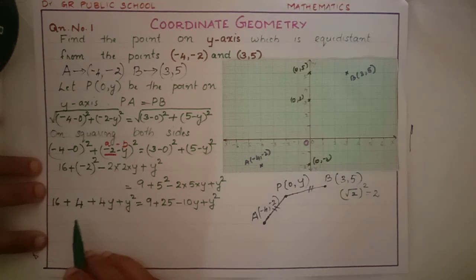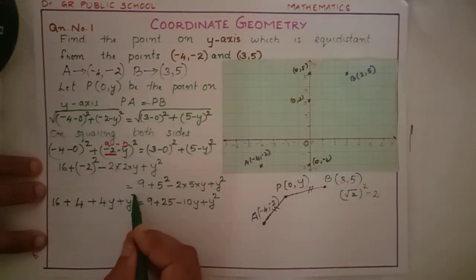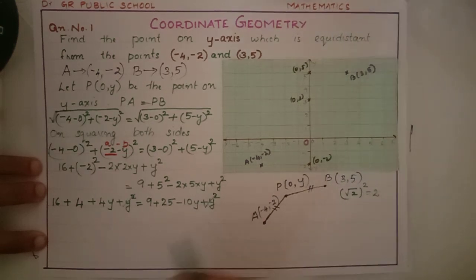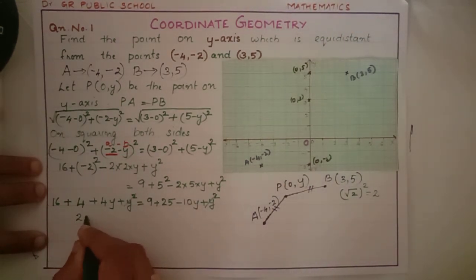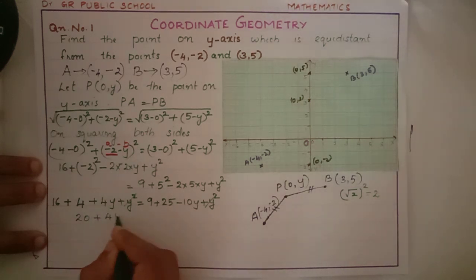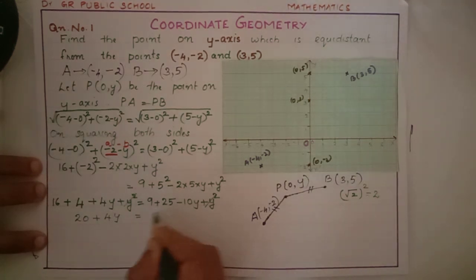Now we can see y square on both sides, so we can cancel. Now remaining: 20 plus 4y equal to 34 minus 10y.